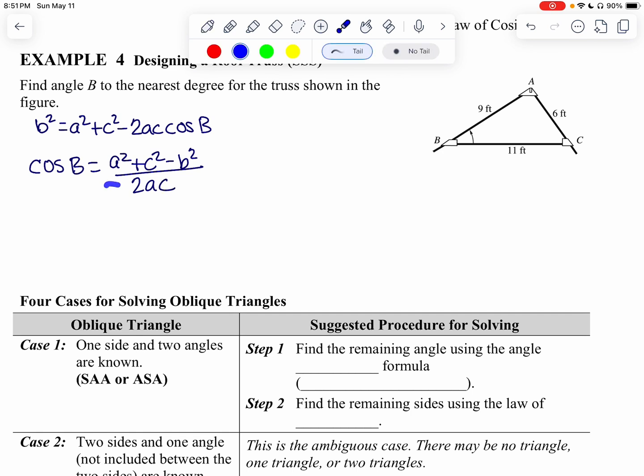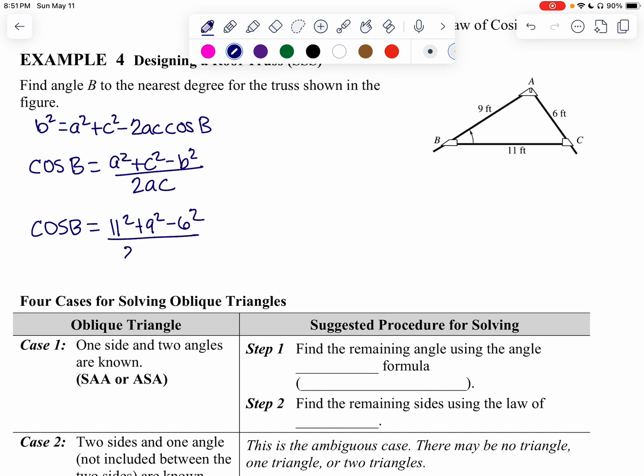Again, that negative flipped all of the signs. So the cosine of b is equal to 11 squared plus 9 squared minus 6 squared over 2 times 11 times 9. And you can plug the result into inverse cosine, and you get b is approximately 33 degrees.